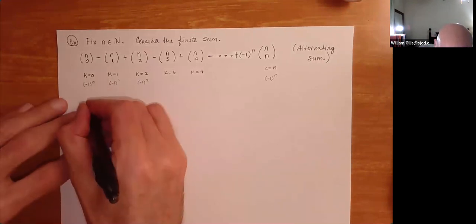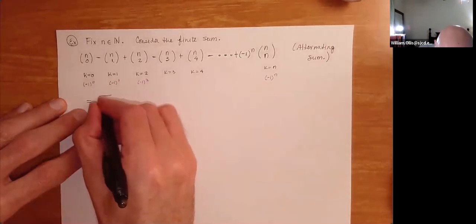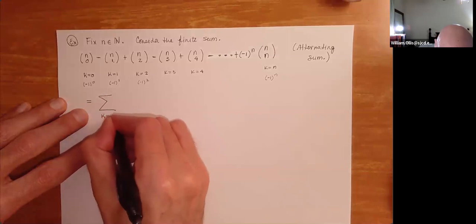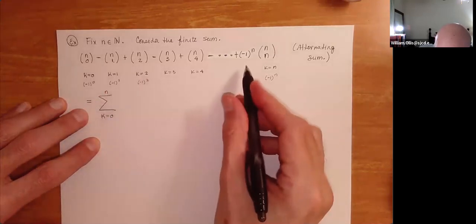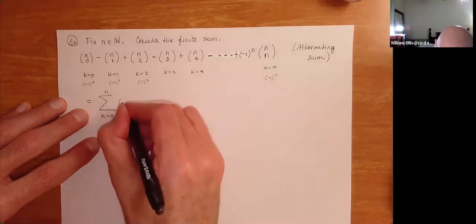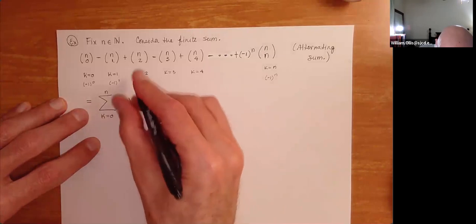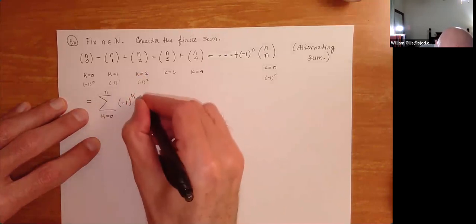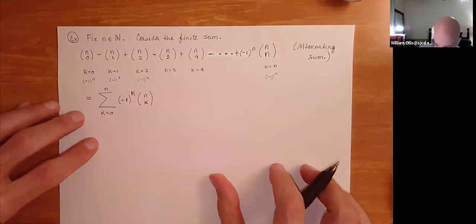So let's go ahead and write this based on what I've done here. We have the sum for k equals 0 to n of -1 to the k, n choose k. All right?